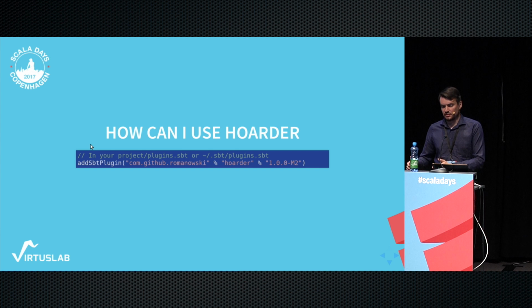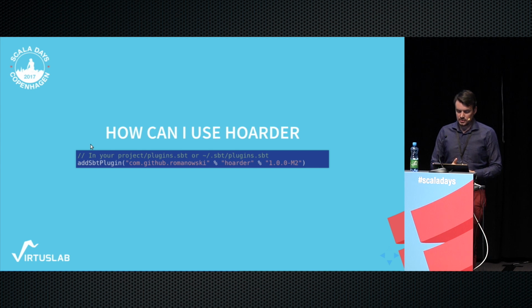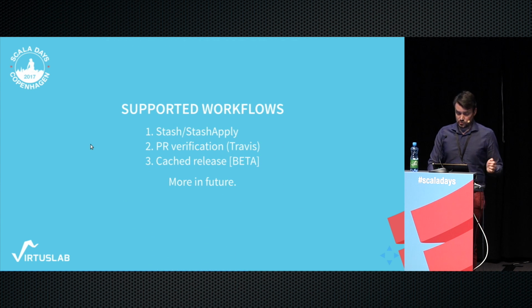The rest of the settings and commands are prefixed with Hoarder. So it's pretty safe to add it to your global SBT plugins, so it will be applied to all of the projects that you work on on a given machine. You just add this, and you can work with basic stuff like stash, what I just showed you.